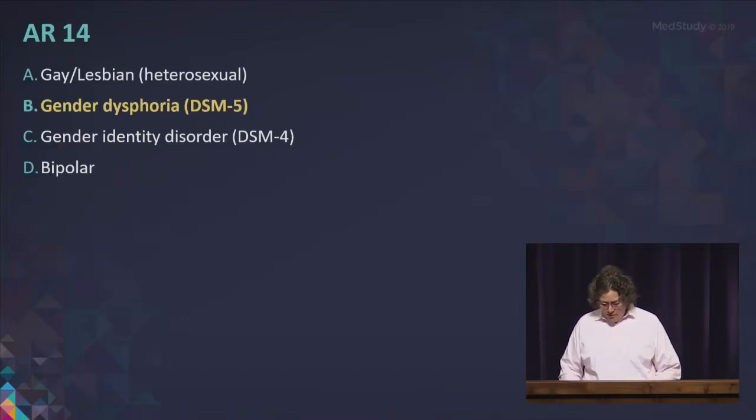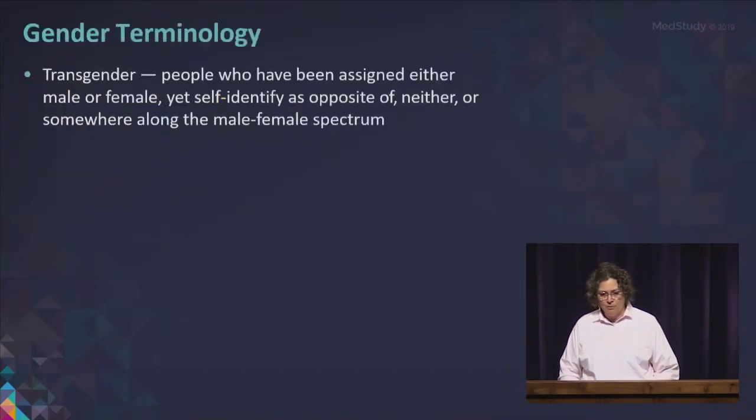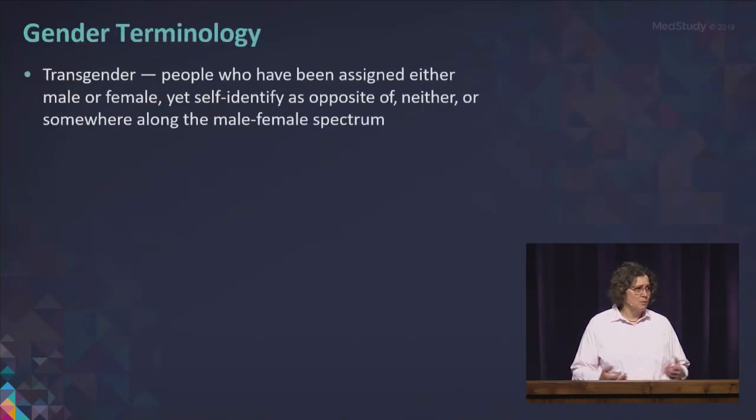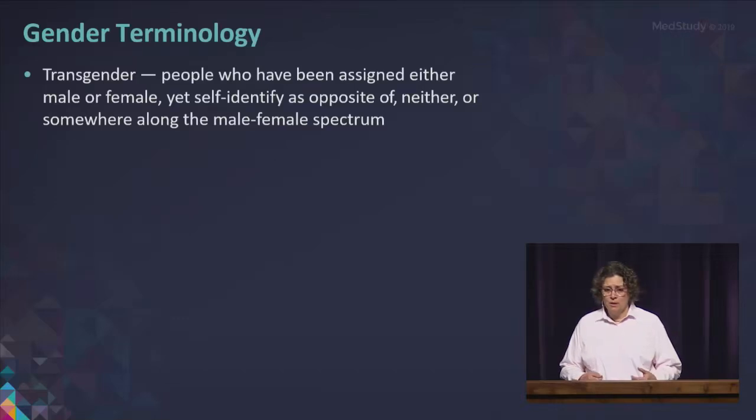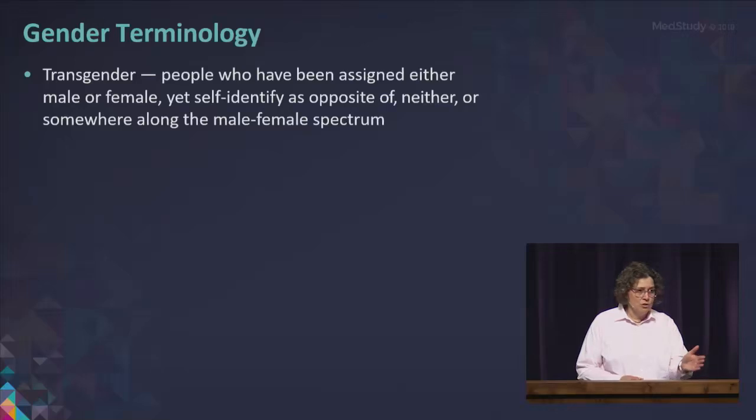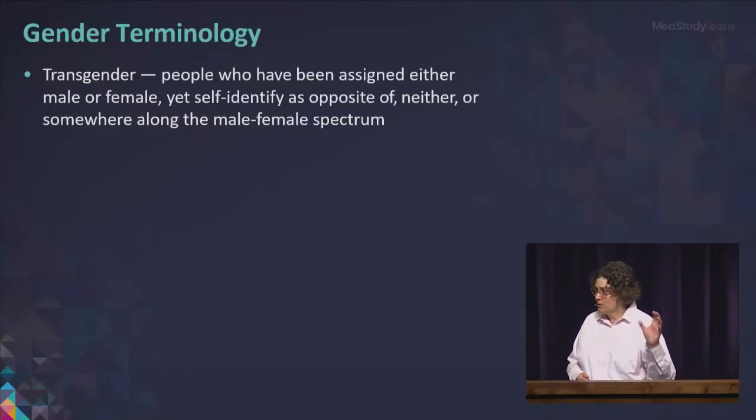and clearly not bipolar. It is going to be important to know the terminology because you will see these patients along the way in your practice. So again, part of the terminology, transgender. These are people who were assigned a gender at birth, and rightly so. Everything said that they should be this gender. From chromosomes to hormones to internal, external anatomy, they were assigned.